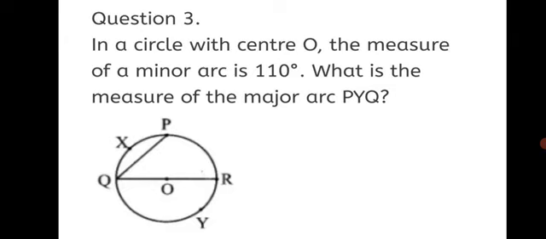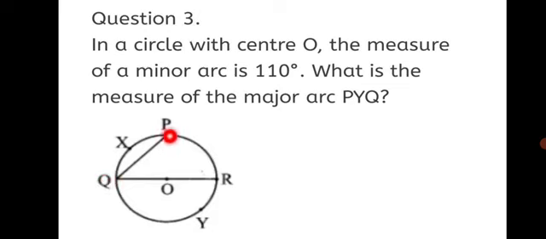Question number 3. In a circle with center O, so you can see this circle with center O, the measure of a minor arc is 110 degree. What is the measure of the major arc PYQ?